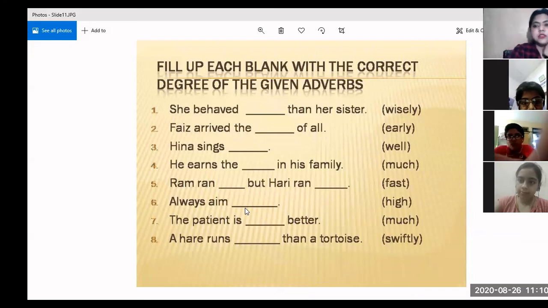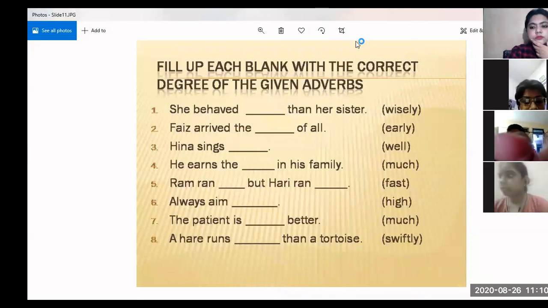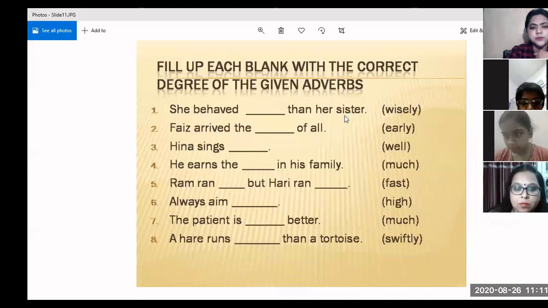Athar, give the answer. Athar Kesarwani. Priyanshi. It is so simple. Say.